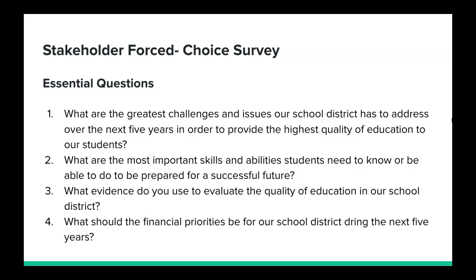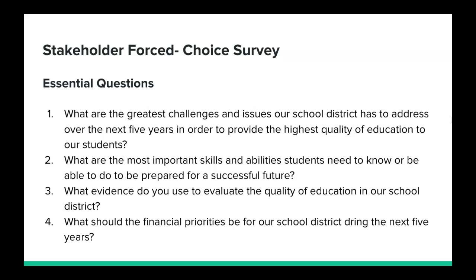Few means 3, but whenever we're looking at that, what are we doing in the next 5 years is really what a lot of this is centered around. So some of the essential questions that we are going to be asking are, what are the greatest challenges and issues our school district has to address over the next 5 years in order to provide the highest quality of education to our students?